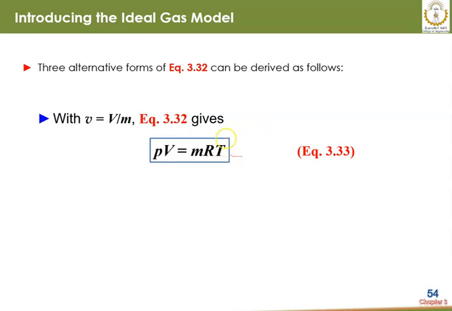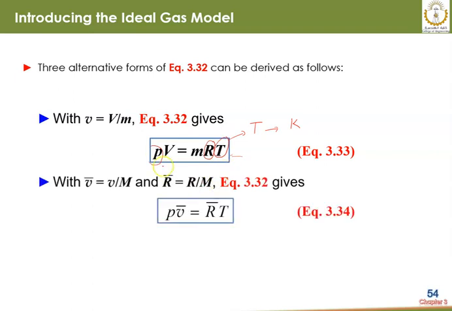Please make sure that you always use temperature in Kelvin, and also the units of the pressure and the units of the gas constant should be compatible. If the pressure is in kilopascal, then the gas constant should be in kilojoule per kilogram Kelvin, for example. Of course all units should be compatible.